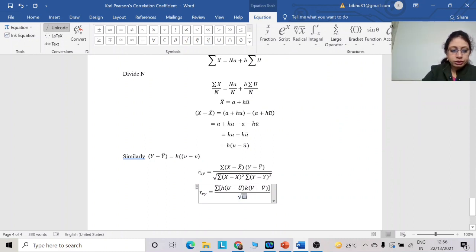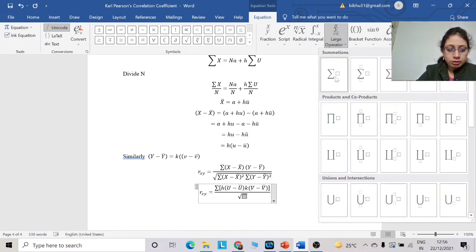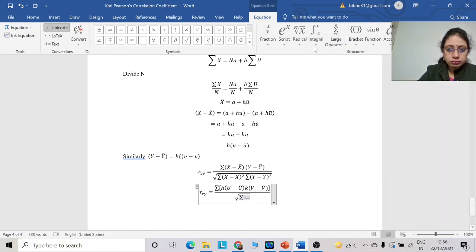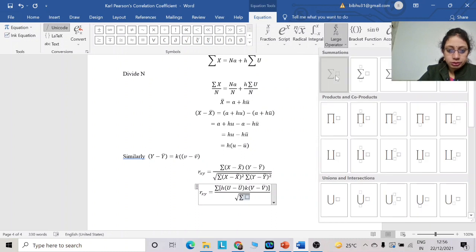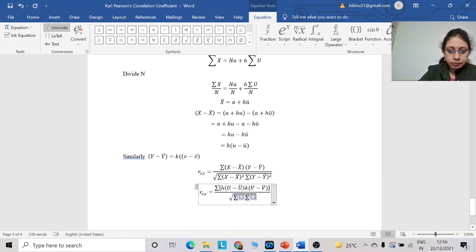So here also in the denominator we'll replace the values. So in the denominator, what we have to write?